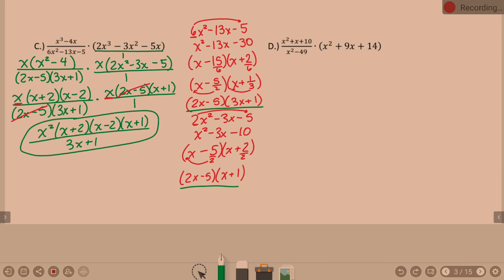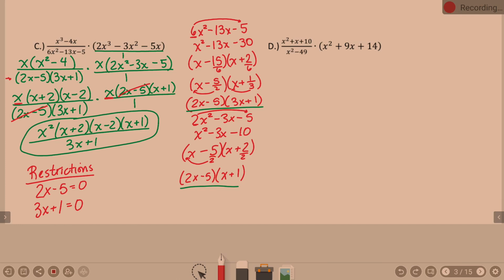Okay, last piece of this problem is restrictions. Now, remember, anything that was ever in the denominator. What were my pieces in the denominator? 2x minus 5 was in the denominator, and 3x plus 1 was in the denominator, right?